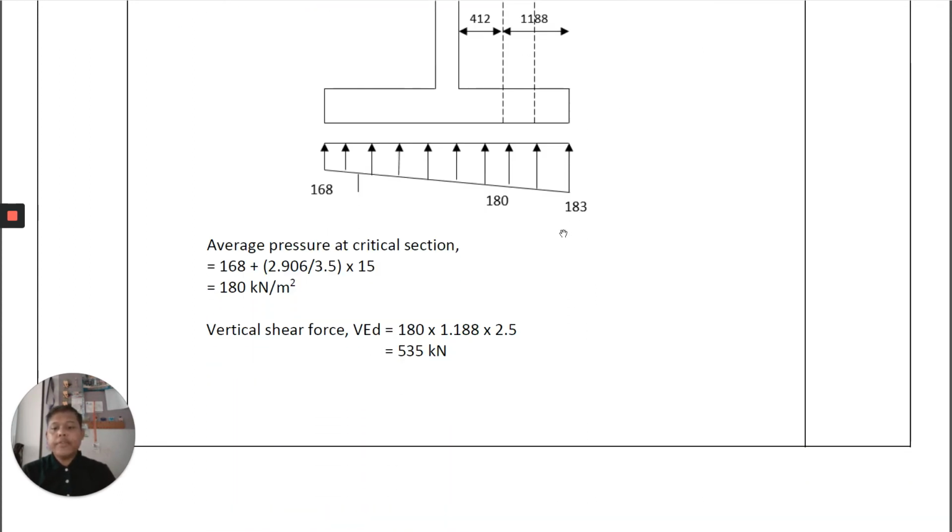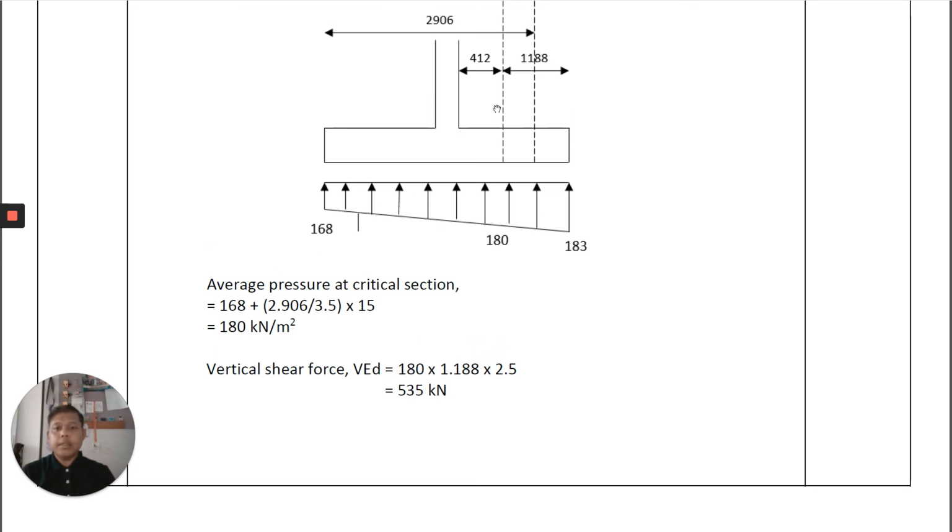Okay, and then the first one, you have to calculate the average pressure at the critical section, which is equal to 168 plus 2.906 divided by 3.5, which is the length of this distance, times 15. 15 is the difference between the maximum and minimum pressure here, 183 minus 168.